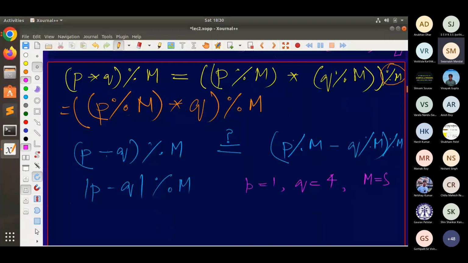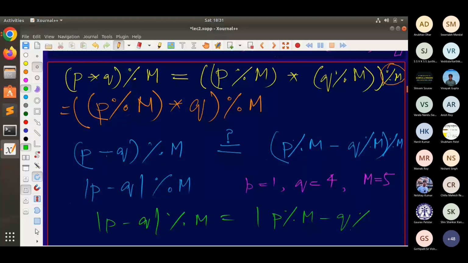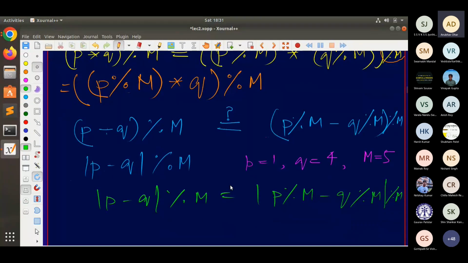On the right hand side also we should take the absolute value, no? In the RHS, p percentage m minus q percentage m. Oh, yeah. Okay. So you are saying this fact is true, equal to the absolute value of this thing. Is this what you're saying? Yeah, I think that's correct. Okay. Make it 6 and check.